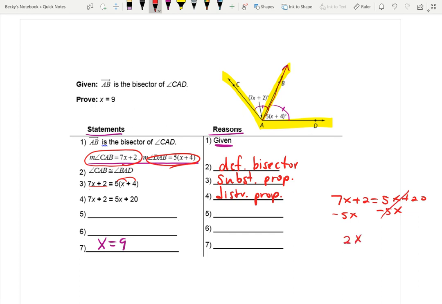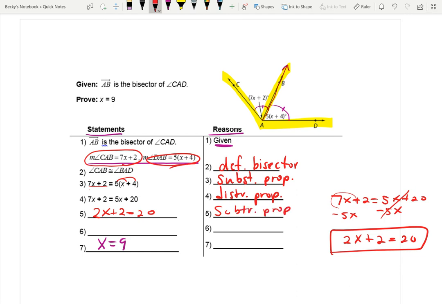So when I subtract or add, my variable stays positive. Because if you remember, if you move this over to the other side, the variable would then become negative, and I just don't want to deal with negatives. So this step will be now step 5. What did you do to both sides? Well, you subtracted the 5x, so this is the subtraction property.